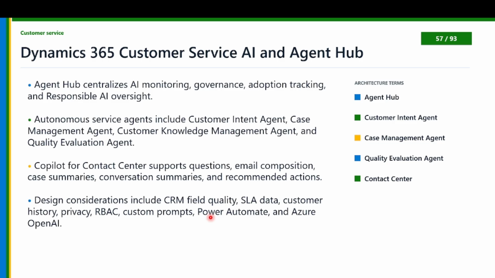Okay, feed quality, SLA data, customer history, privacy, role-based access control, custom prompt, Power Automate, and Azure OpenAI. All these are the design considerations that can easily integrate with Dynamics 365 Customer Service AI. And Agent Hub is where you can monitor all these agents, govern, adopt, track, and define responsible AI oversight.